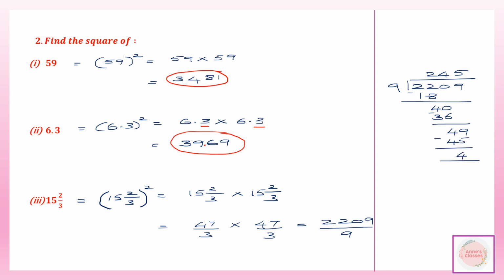So what is our mixed number there? 245 4 by 9. So this is the square of 15 2 by 3. When you multiply it twice, you get 245 4 by 9.